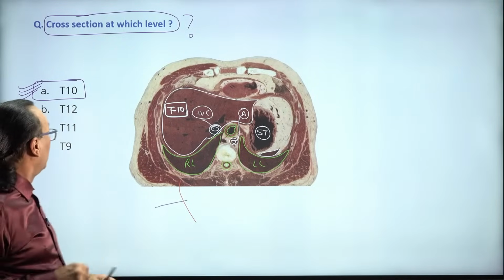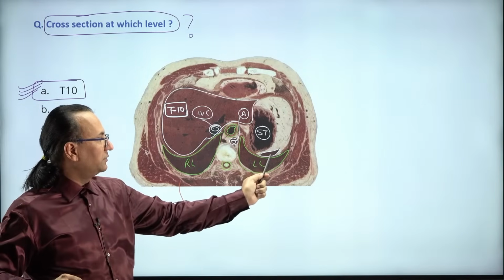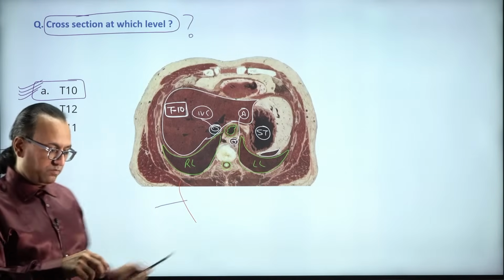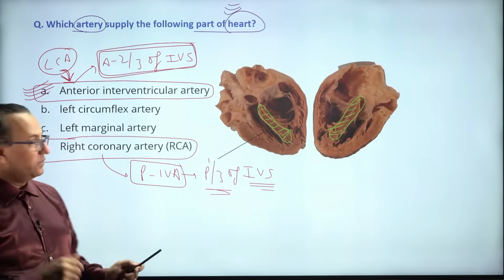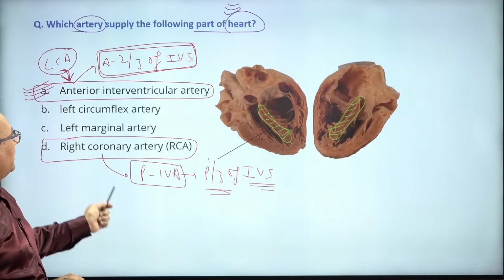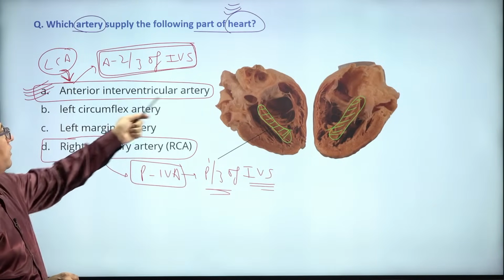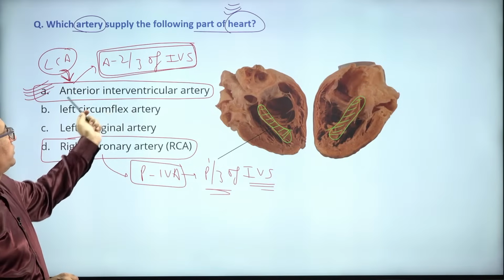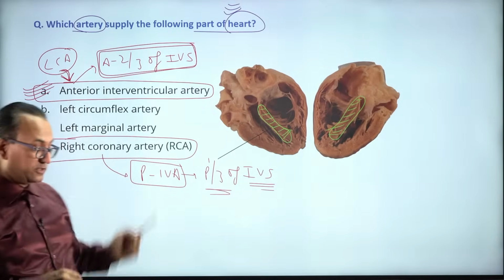So T10 level, because I told liver is there, spleen is there, lungs are there, so T10. But as you told, maybe it was not T10, it was T11, 12. We will discuss later. Then interventricular septum, so it was the anterior interventricular artery which supplies most of the interventricular septum, especially the anterior 2/3 of the septum. So A will be the answer.